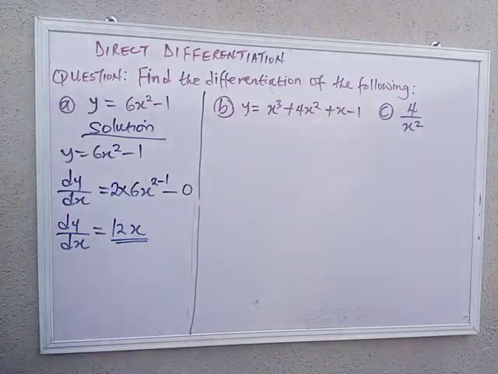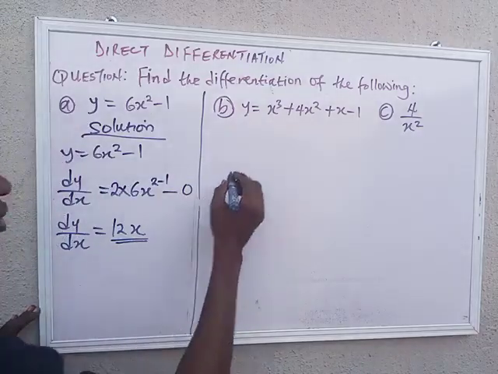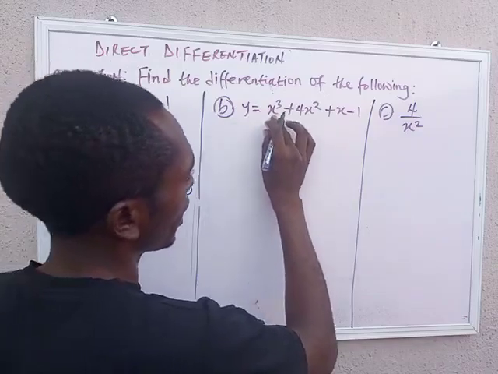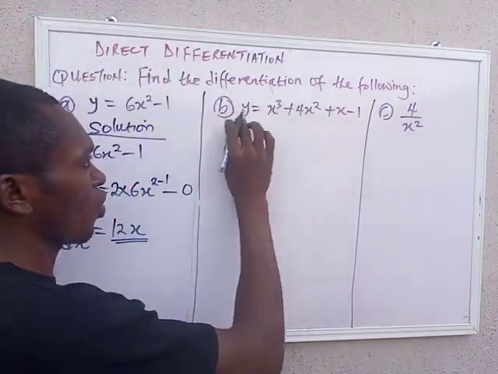Now let's look at this other one. Let's look at b. You have y and x, so you're differentiating y with respect to x, dy dx rather.